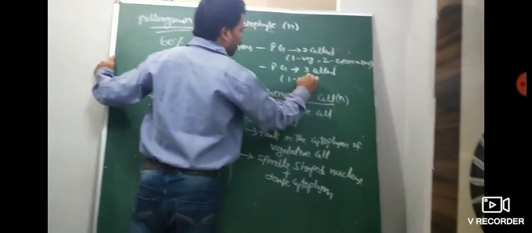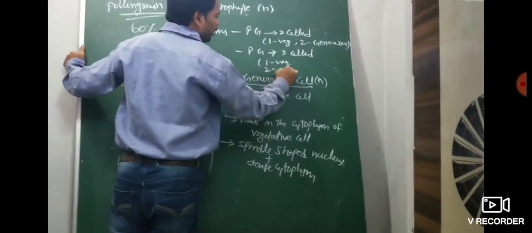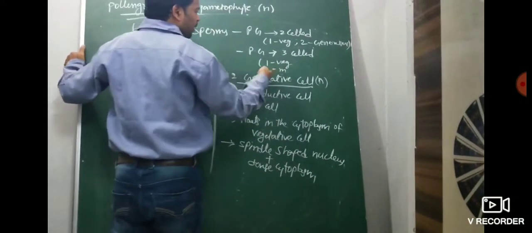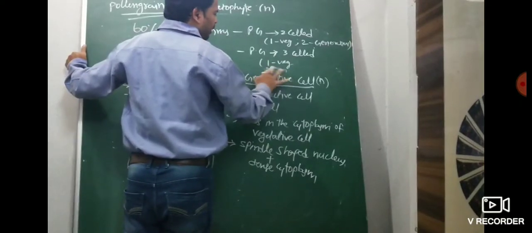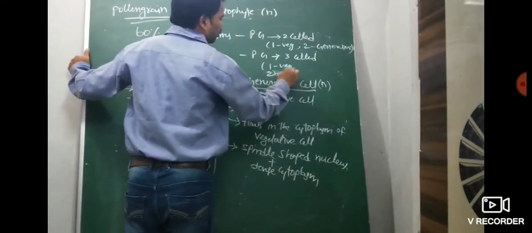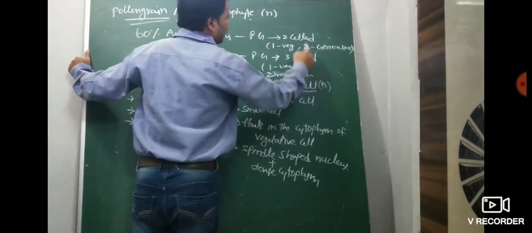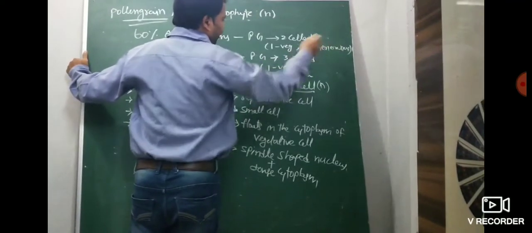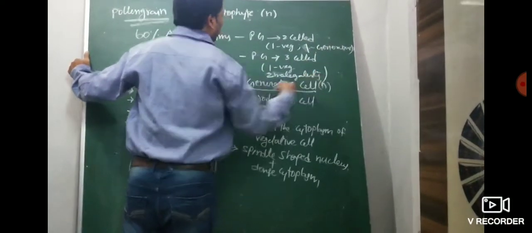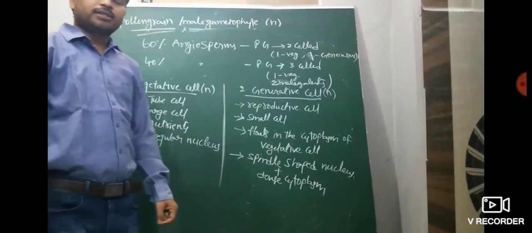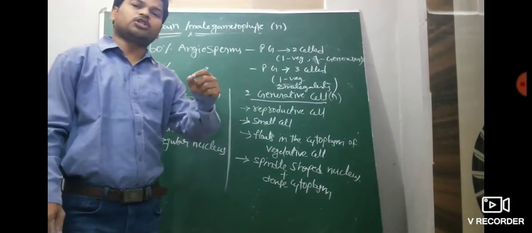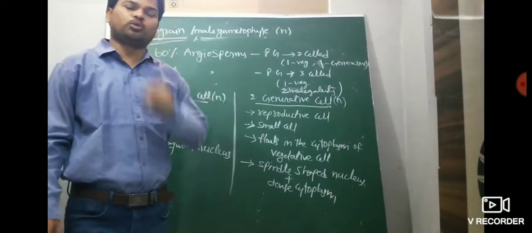One is a vegetative cell, and the other two are male gametes. Totally three cells. Here the generative cell undergoes mitosis and produces two male gametes.